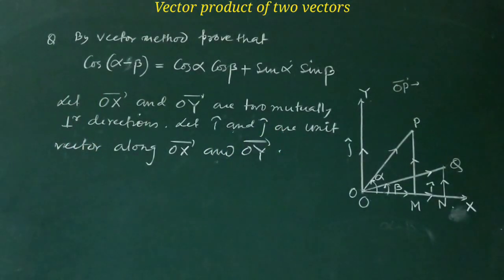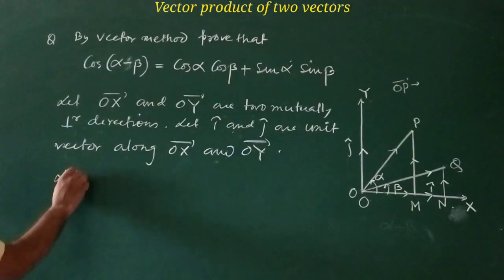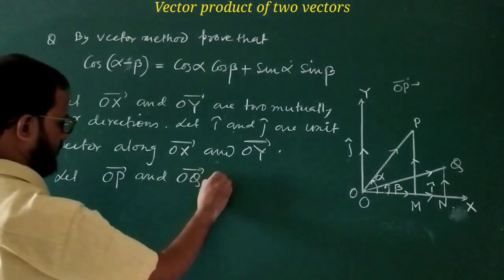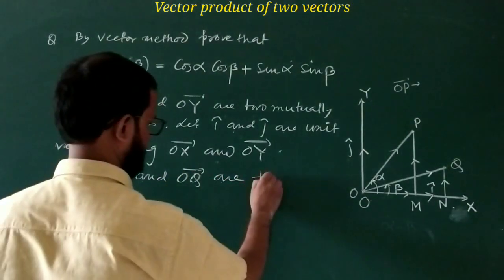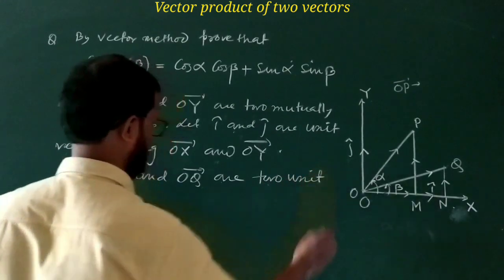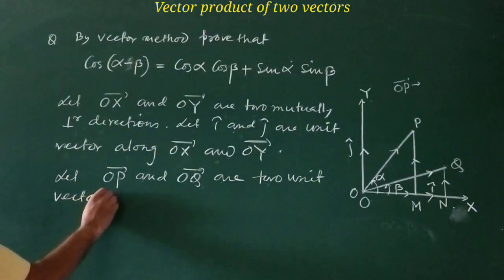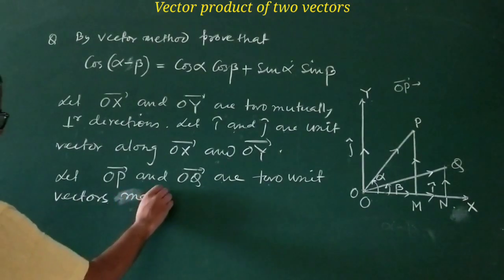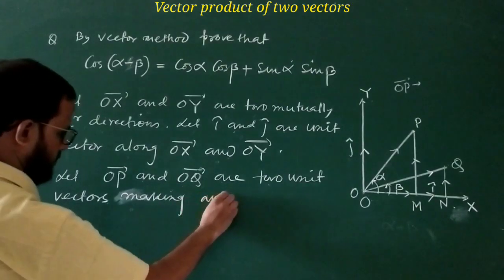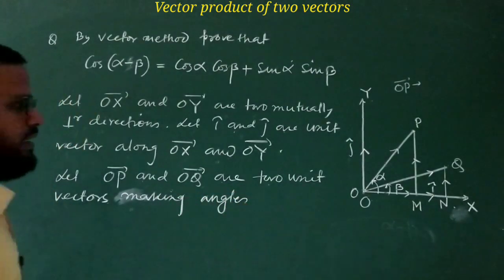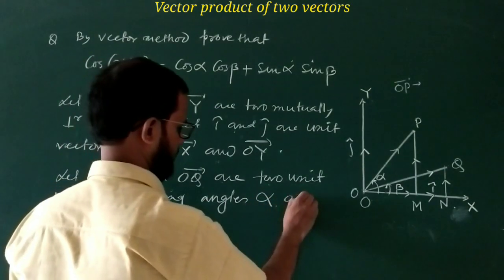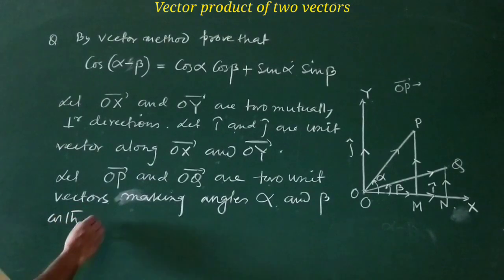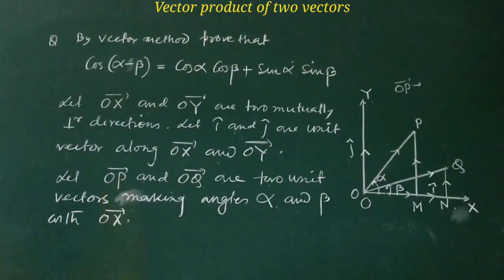These are our suppositions. Also we suppose that OP vector and OQ vector are two unit vectors making angles alpha and beta with OX. ठीक है?